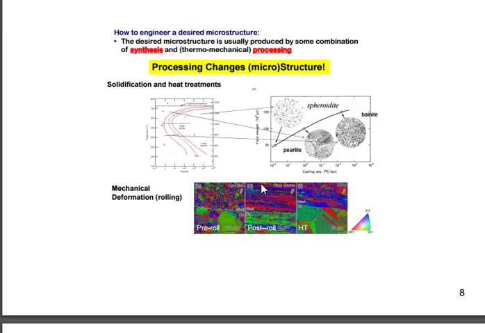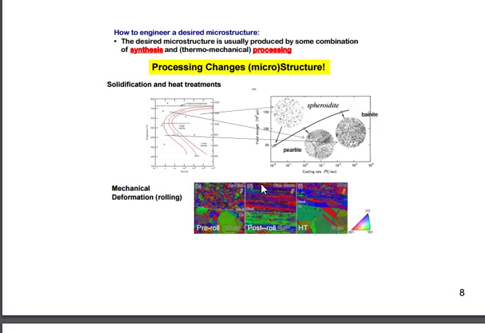So, how to engineer a desired microstructure? This is the main concern for everyone: how to engineer a desired microstructure. The desired microstructure is usually produced by some combination of synthesis and processing.